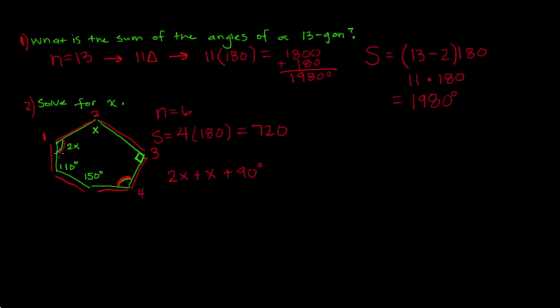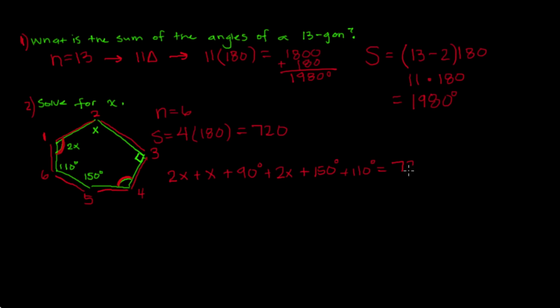Then we know it's congruent to this one, so I can write another 2x. Plus the 150, the fifth angle, so the fifth angle is 150 degrees, and then finally add it to the last angle, angle number 6, which is 110 degrees. What I'll end up getting is the sum of the angles, all 6 of them, adding up to 720 degrees.